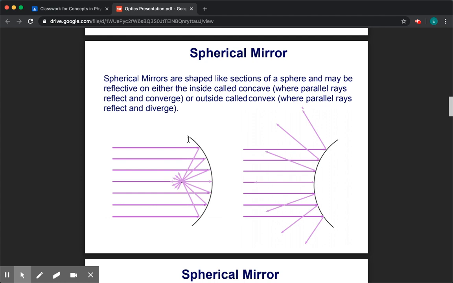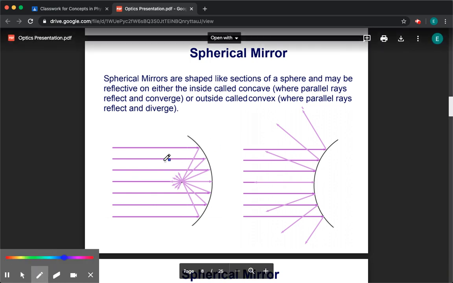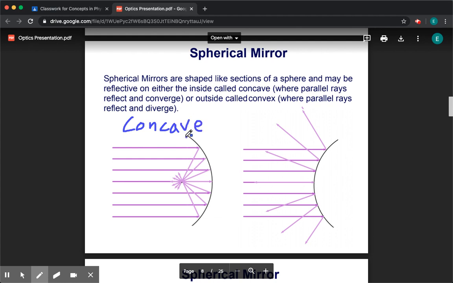If the curve is on the inside, then it's concave. So this left side is concave. Imagine if we were to finish drawing this sphere.